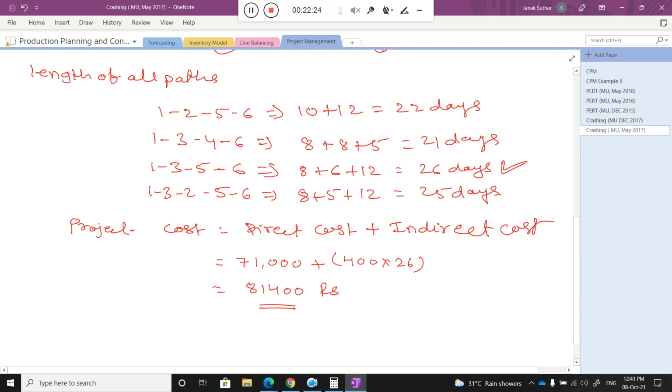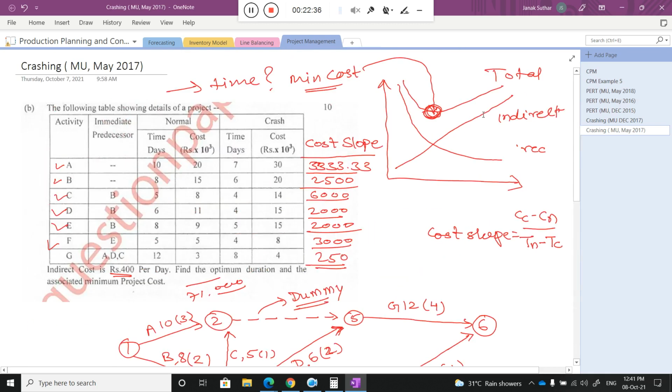Now the point is here. I want to reduce my project time duration and check what the cost will be. Why do I want to reduce? Just assume this graph, please try to understand. Suppose this 26 is the duration here, this is the time, class, and this is the cost.